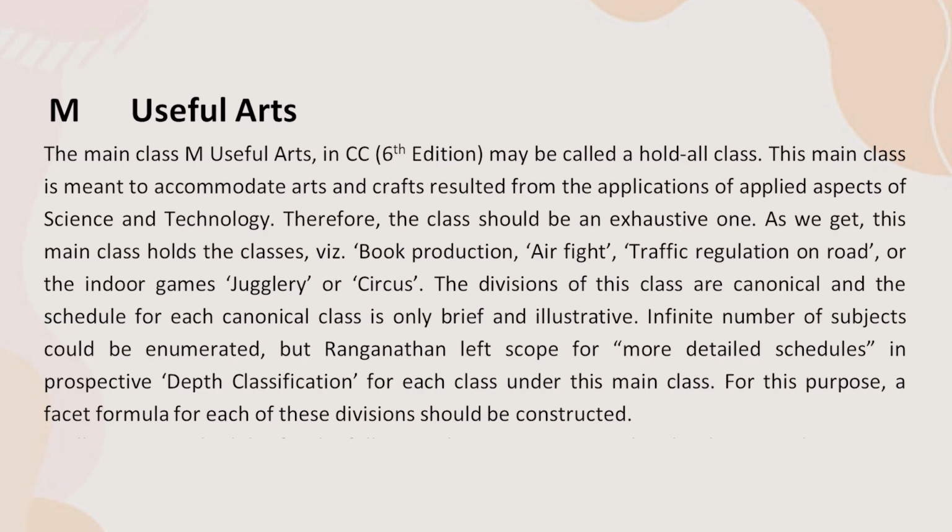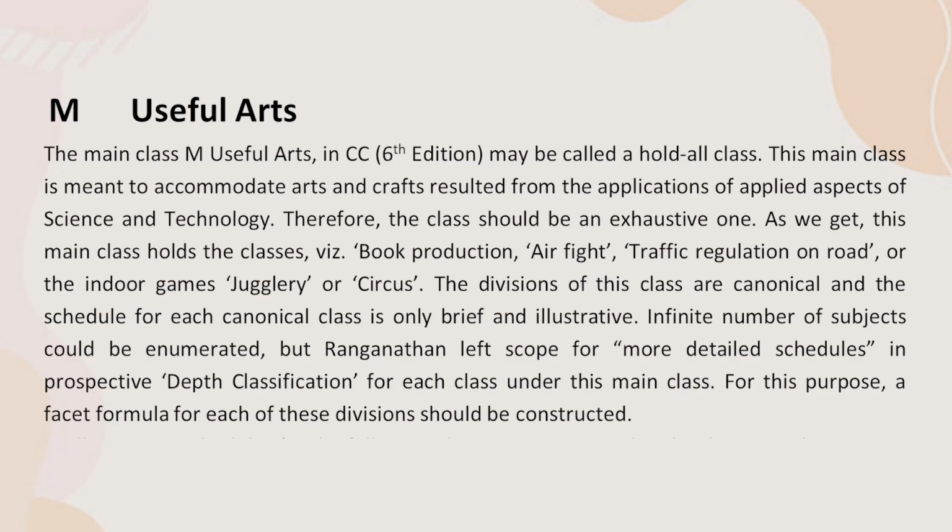The divisions of this class are canonical, and the schedule for each canonical class is only brief and illustrative. Infinite number of subjects could be enumerated, but Dr. Ranganathan left scope for more detailed schedules in prospective depth classification for each canonical class under this basic class.